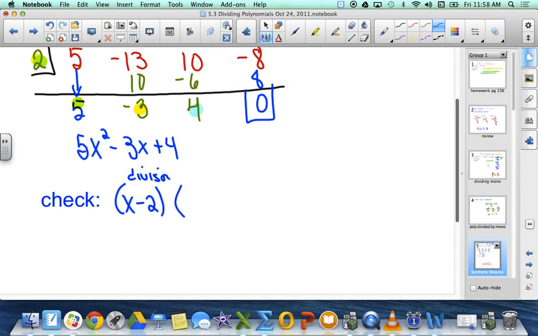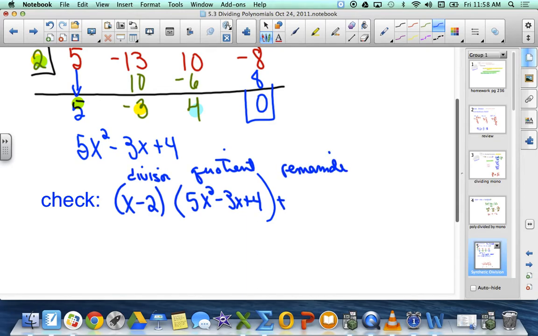And we'll multiply it by the quotient. The quotient is our answer, 5x squared minus 3x plus 4. We'll add our remainder, if there is one, whatever it is, and we'll get our dividend.